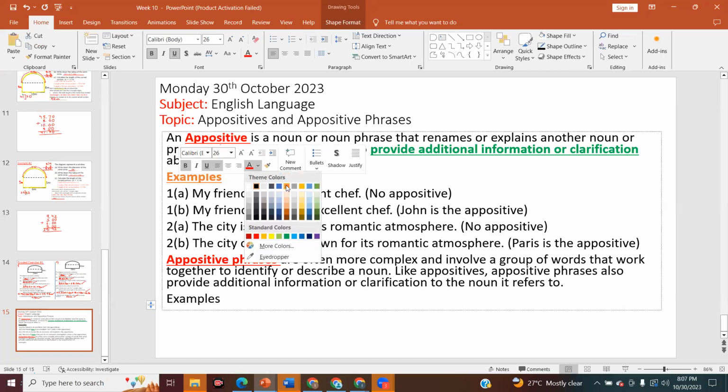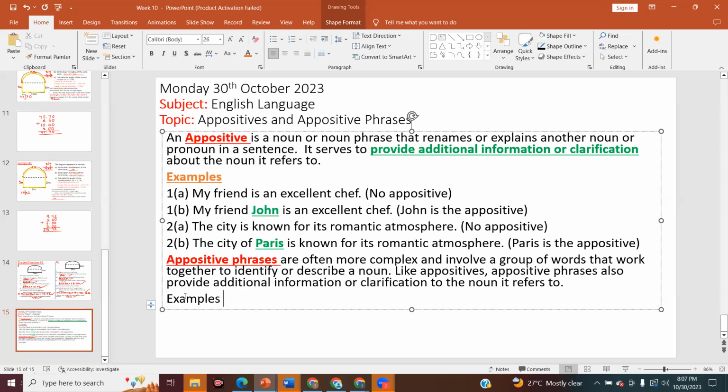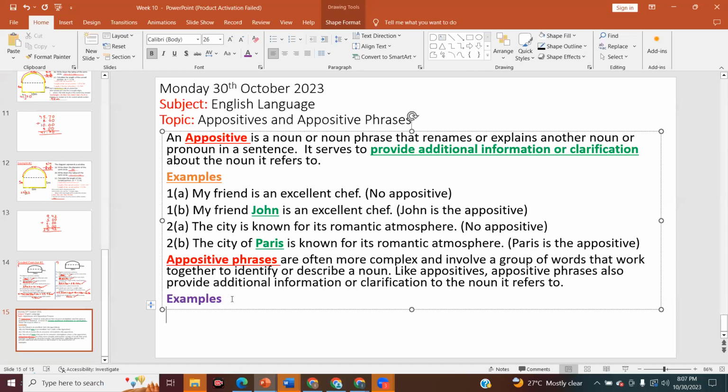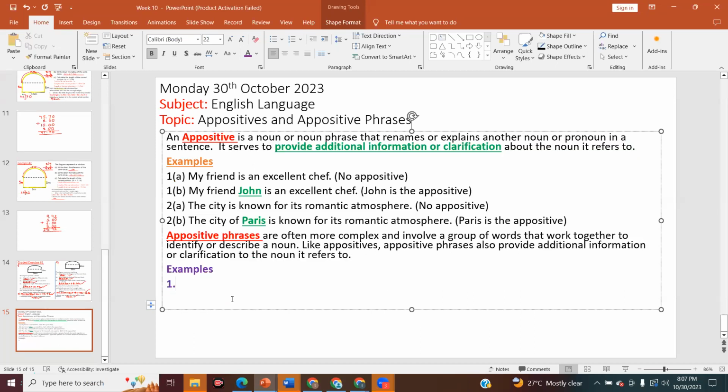All right. So let's look at it. Let's just use purple. Let's say: my aunt painted a beautiful mural.